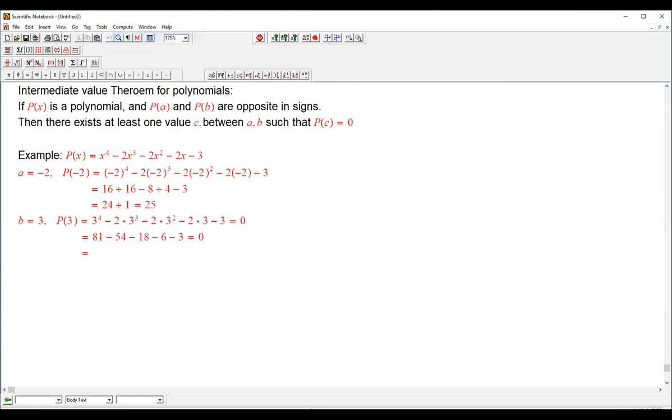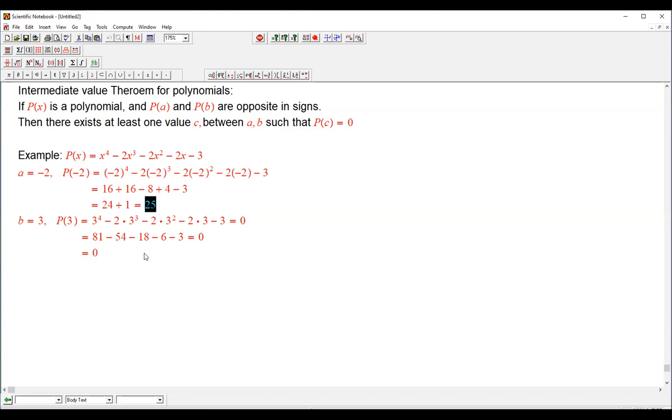No problem. So can we apply the theorem now? Can we apply this theorem right here, the intermediate value theorem for polynomial? The answer is no. We cannot, because P of A is positive, but P of B is not the opposite sign.